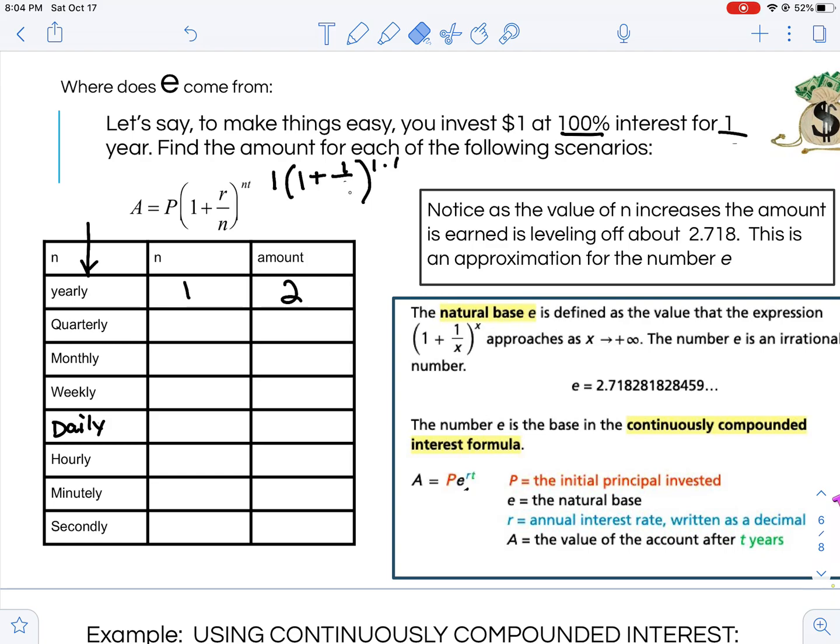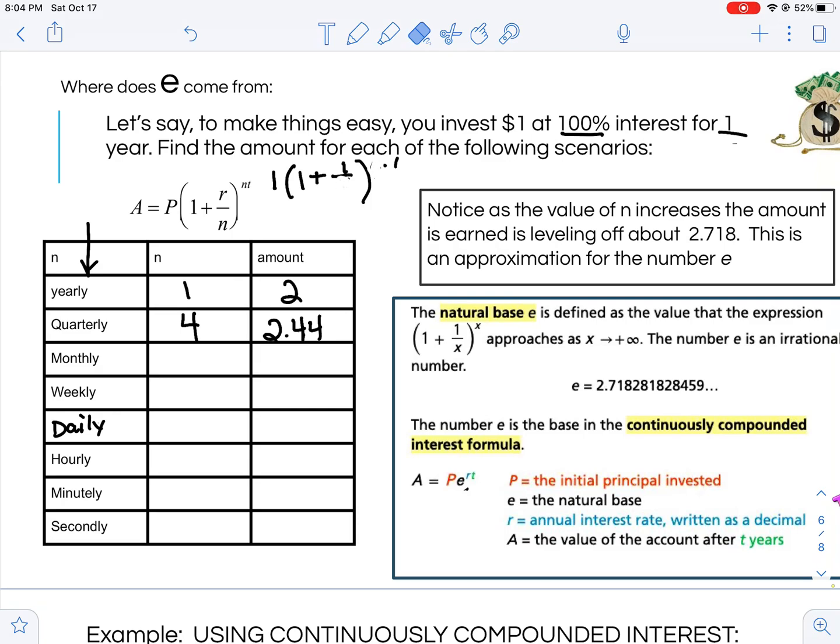Okay, let's see what happens when we change it to quarterly. I'm going to change this 1 here to a 4. So quarterly means I'm going to get interest 4 times a year. If I type all this in my calculator, I'm going to get out $2.44. And that should make sense. If you're going to get interest 4 times a year versus 1 time a year, you would expect to get more money. Okay, let's see what happens when we do monthly.